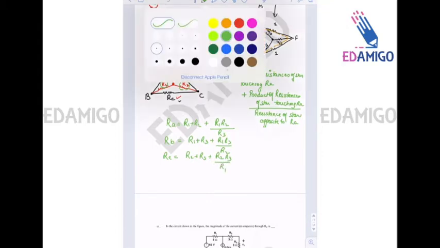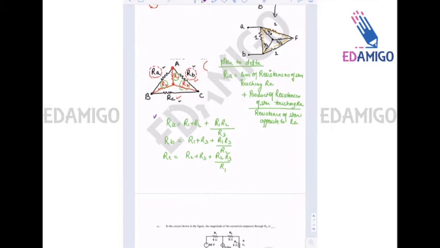Okay, so this is the formula you can remember to convert from star to delta. Now in this question we have a star which has resistances 4 by 3, 4 by 3 and 4 by 3. So if you solve this, you will get 4, 4, 4.